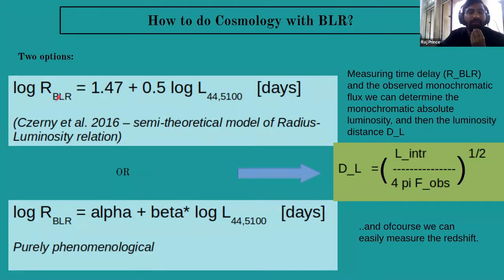If you measure the time delay for different sources, and you have their luminosity, and we plot these together, we have some kind of relation between them. This is a very standard relation, and it can be used for different purposes.